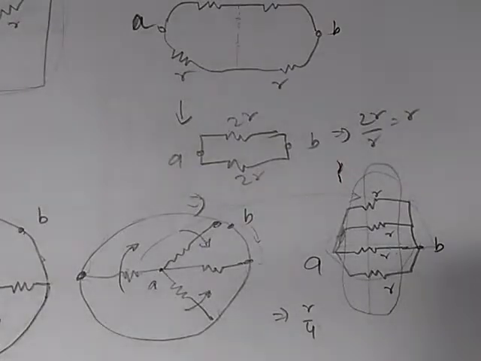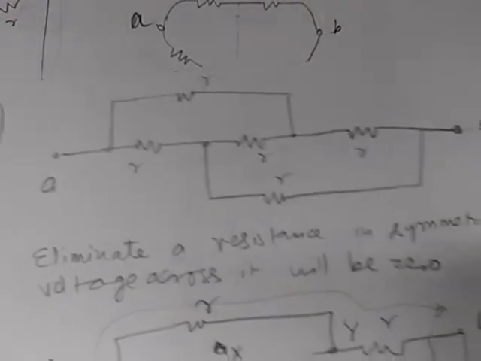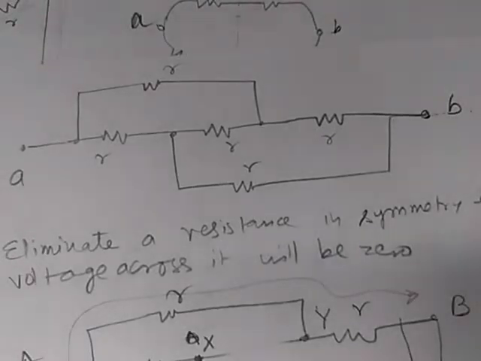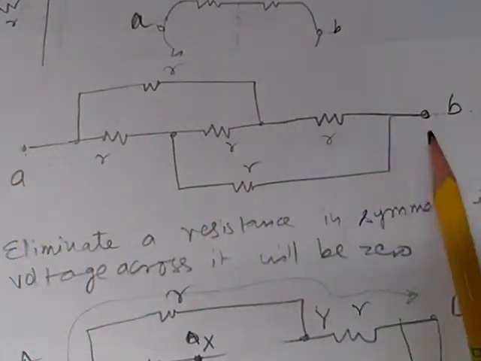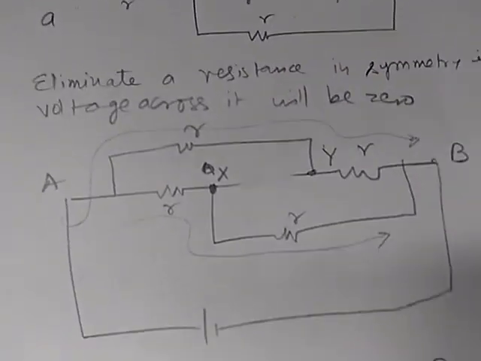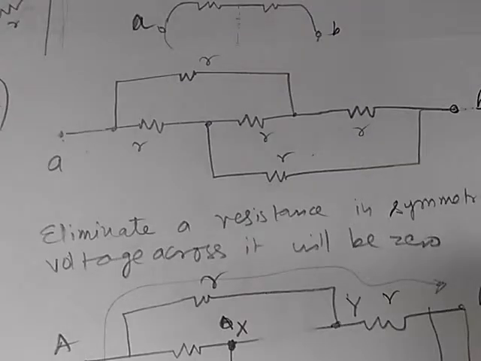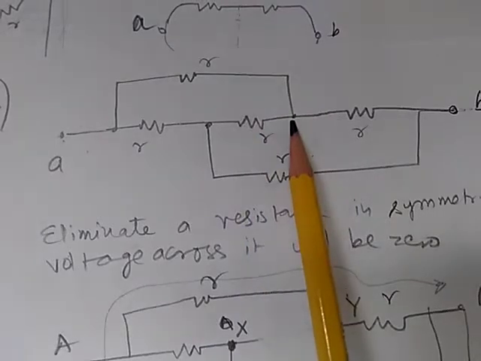And finally, we have the last structure where we have these 5 resistors. This is also a symmetrical problem, and again we connect a voltage source between points A and B and exploit the symmetry. We focus on the voltage on the two ends of this resistor.